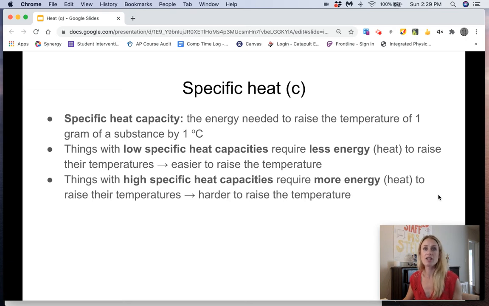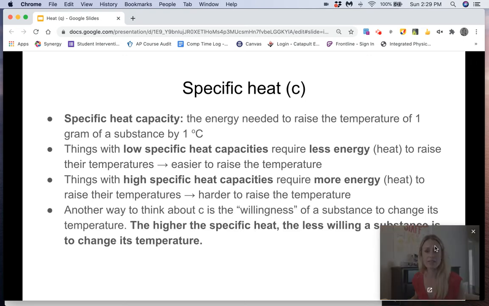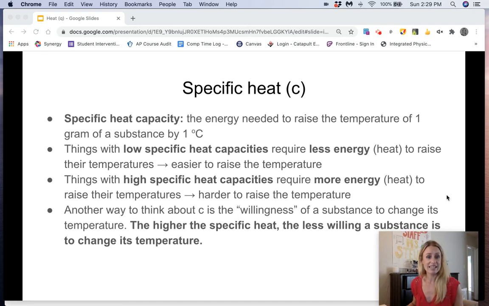So it's harder to raise the temperature. It's going to take longer to raise the temperature because it needs more heat in order to do that. Another way to think about this is just an object's willingness to change the temperature. So if something has a high specific heat, it actually is less willing to change the temperature because it needs more heat in order to change that temperature.